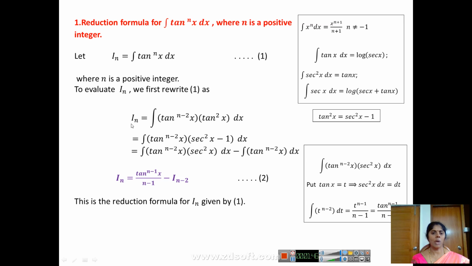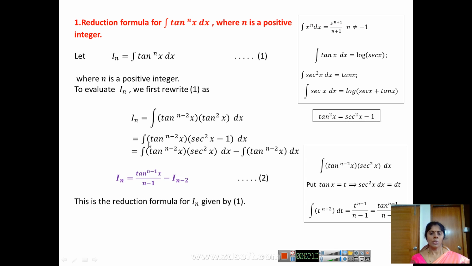So I_n can be rewritten in this format. That is, I_n equals integral tan to the power n minus 2 of x into tan square of x dx. Here we already have the identity secant square x minus tan square x is equal to 1, so tan square of x can be written as secant square x minus 1.